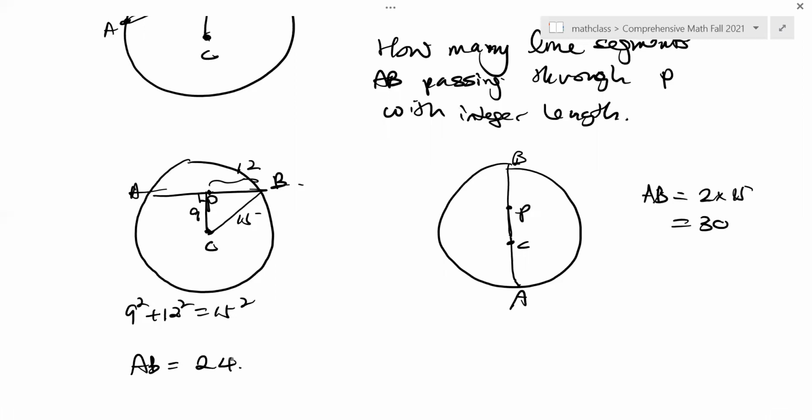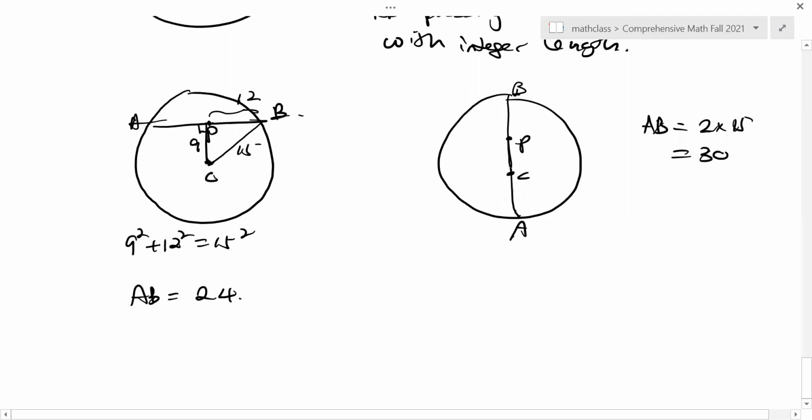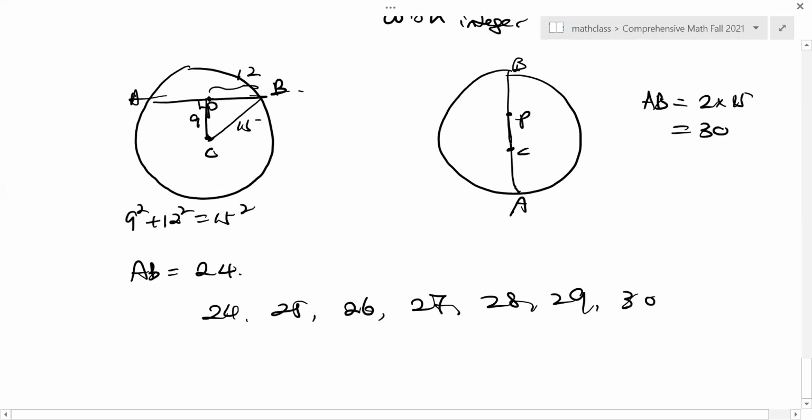The longest one is 30. So from 24, the length changes continuously: 24, 25, 26, and then it takes integer values sometimes. So this is the extreme case.